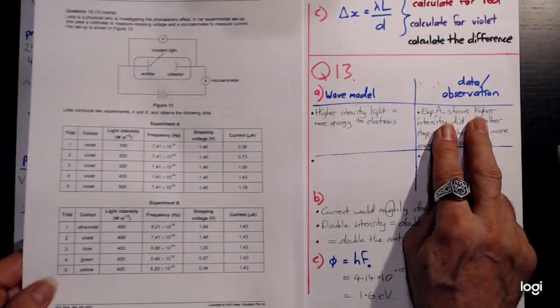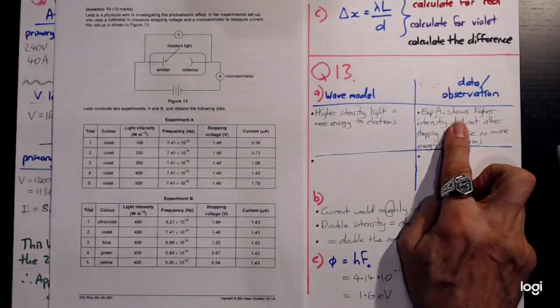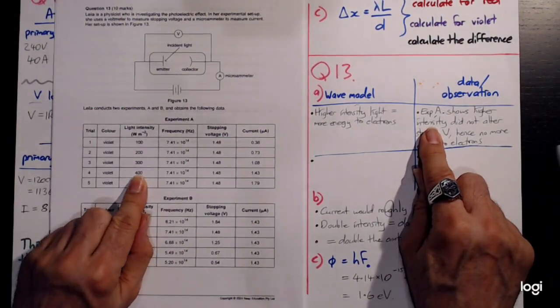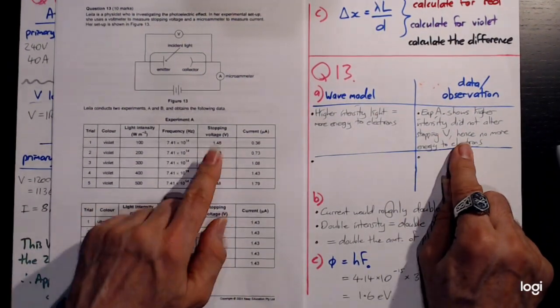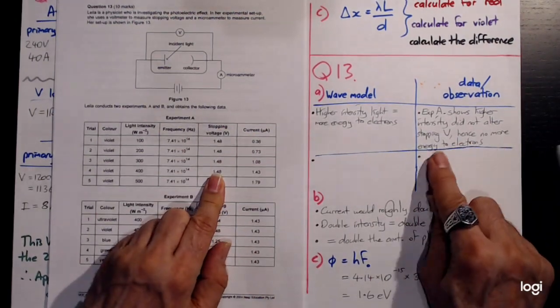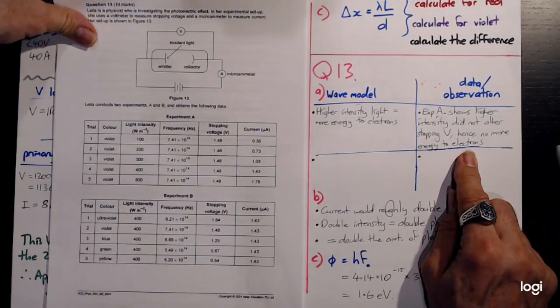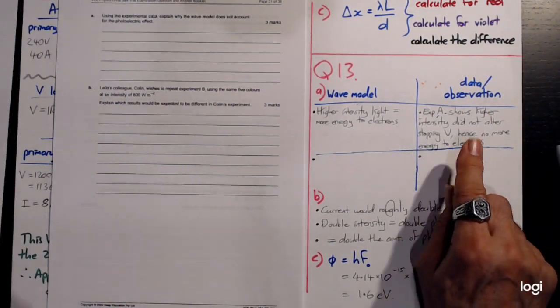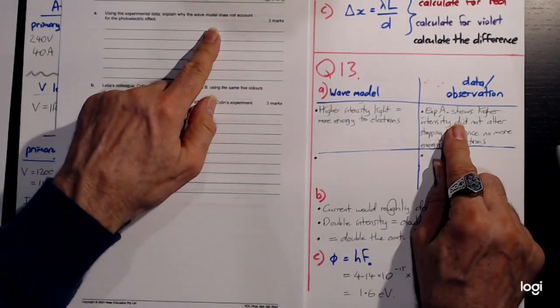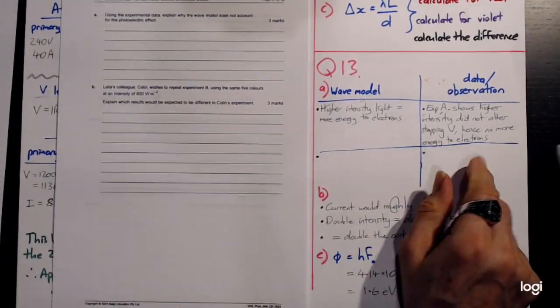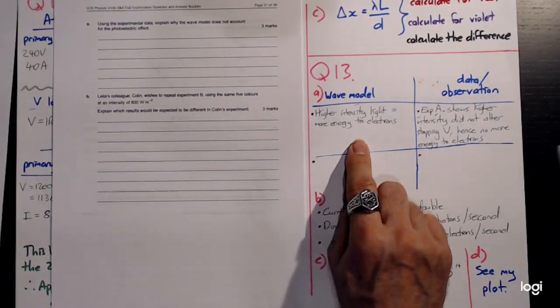Experiment A shows higher intensity light did not alter the stopping voltage, and hence there's no more energy to the electrons. There you go. That is using the data to explain why the wave model does not account for the photoelectric effect. The experiment didn't prove that right, it proved it wrong.